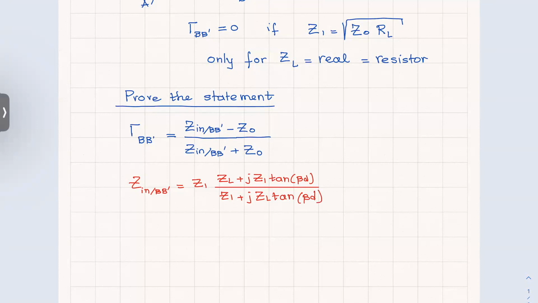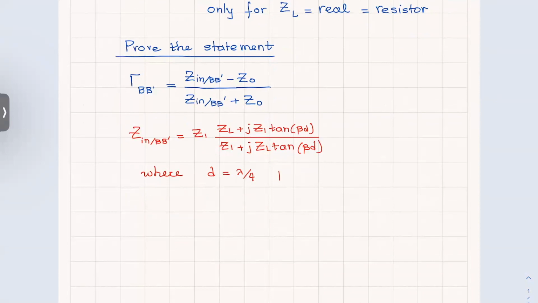We said that D is a quarter of a wavelength, therefore D is lambda over 4. If D is lambda over 4, how much is beta D?